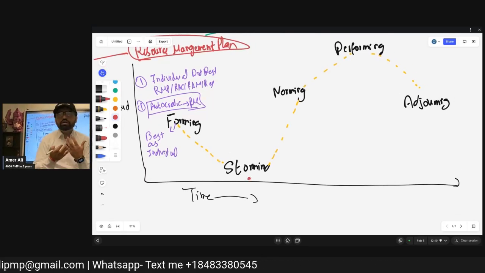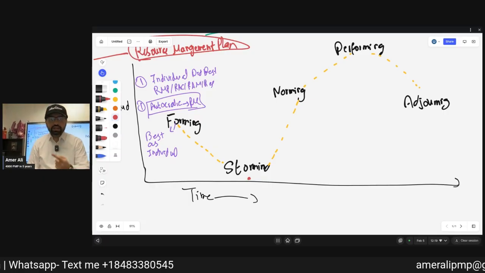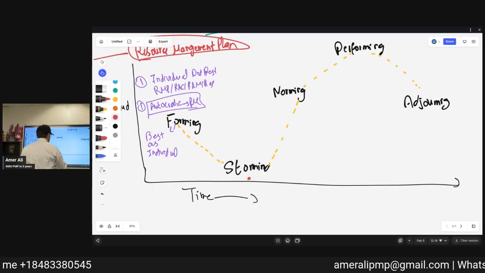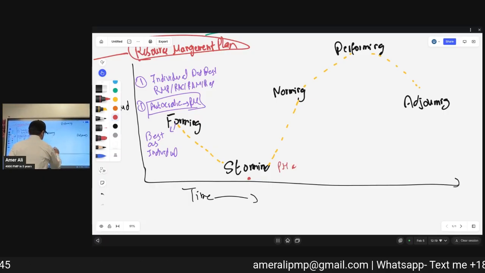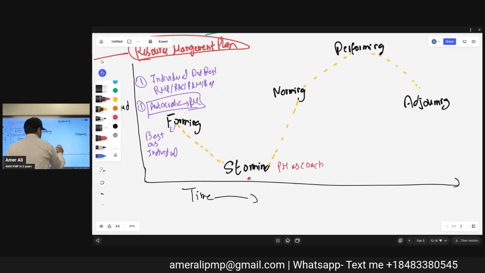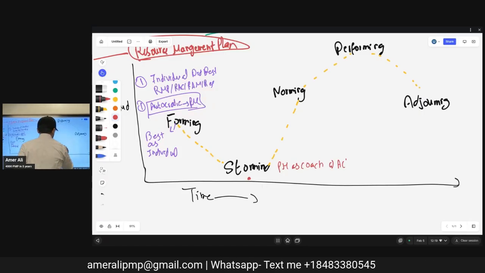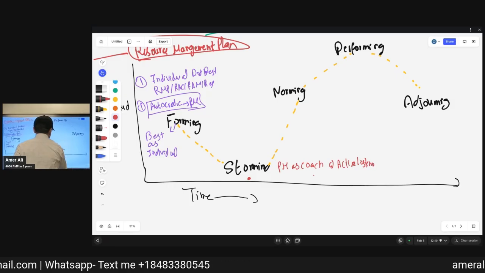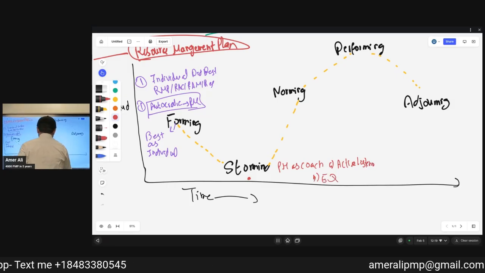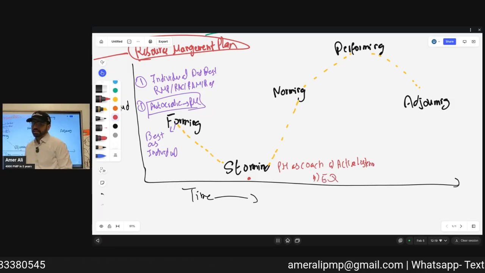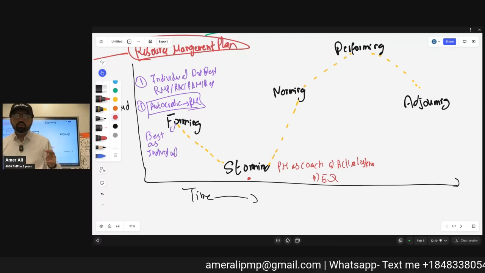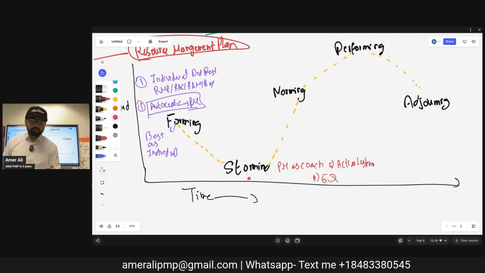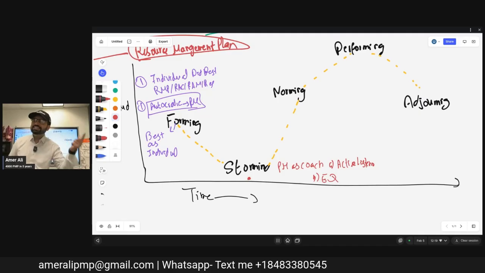After some time, every team reaches the storming stage. Storming is when we have a conflict. Here I need to act as a PM, as a coach. Need to use active listening, which means listening to what they are truly saying, and use emotional intelligence. Guys, let me tell you this thing. 99% of the time, people don't want their thing to happen.